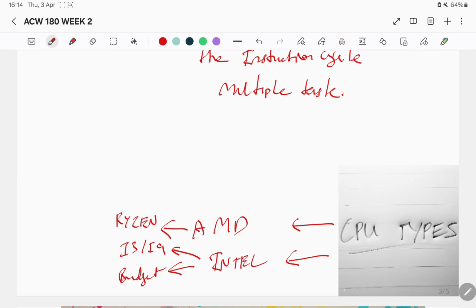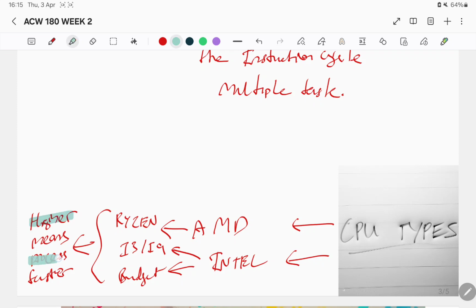Basically, you can just go Google and search this one. Higher means processes faster. The keyword is higher, processes faster.